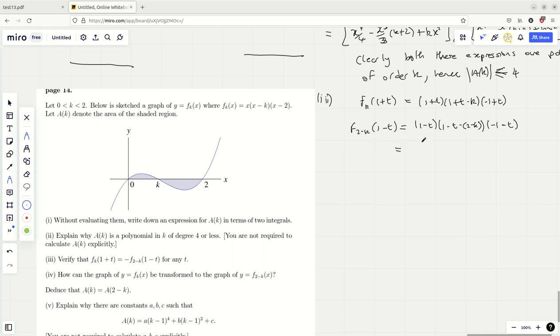And then if you actually simplify it, it's not necessarily immediately obvious, because you're going to get minus 1 minus t minus plus k, and you're going to get minus 1 minus t.